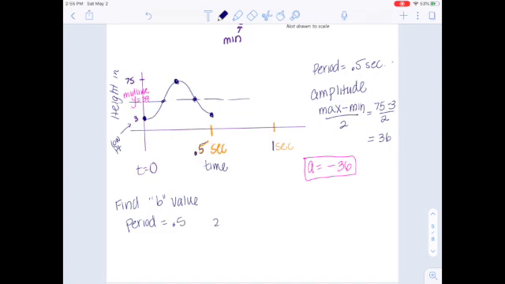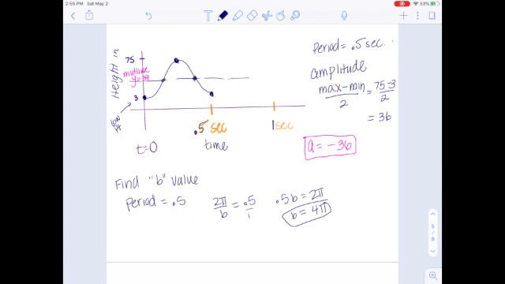So then we're going to set that equal to 2 pi divided by b to find our b value. Cross multiply. So 0.5 b is equal to 2 pi. So your b value would just be 4 pi. Box that. And that's pretty much all we need there.